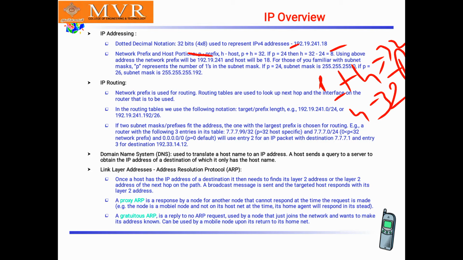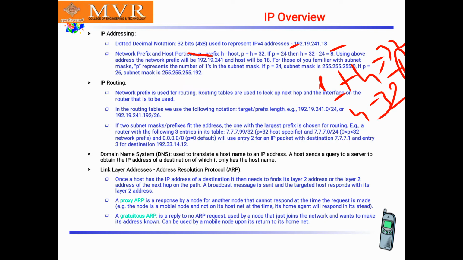Based on the address, the network prefix is 192.19.241 and the host will be 18, as those of you familiar with subnets know. It represents the number of subnet mask bits.